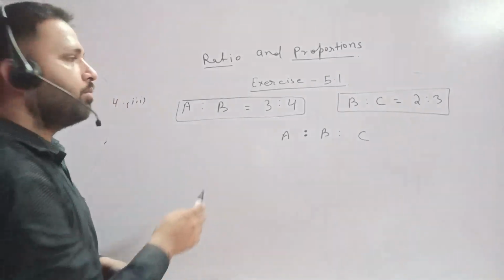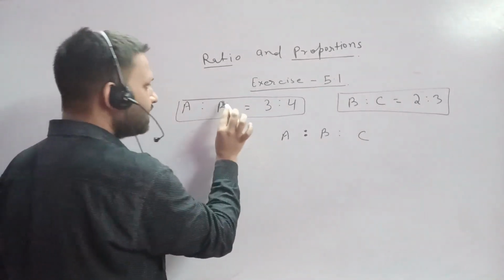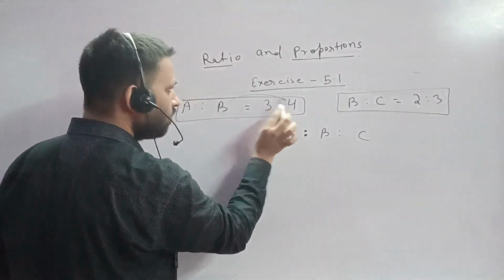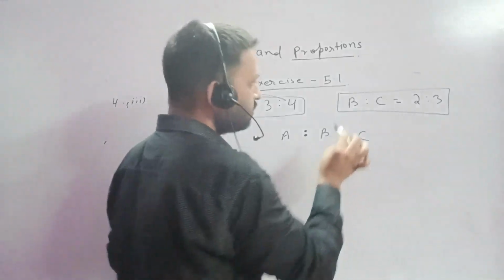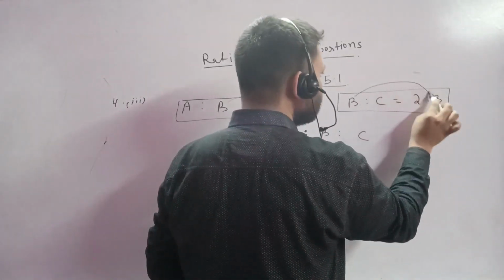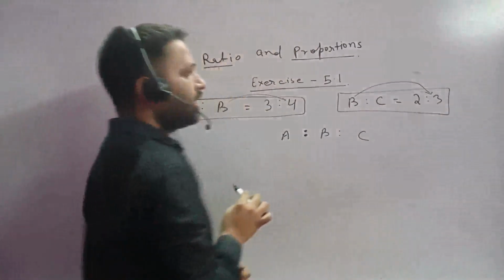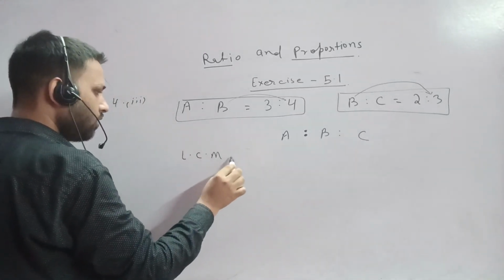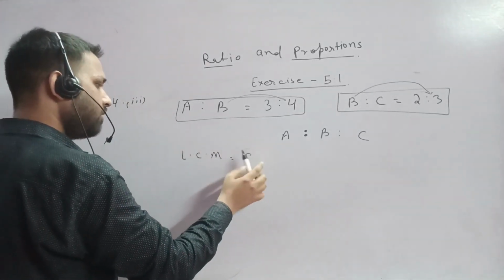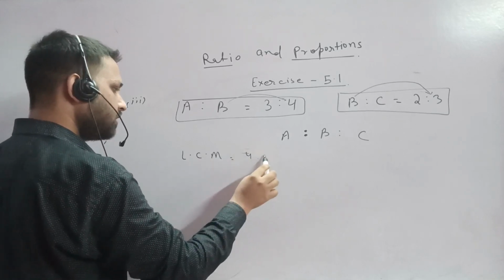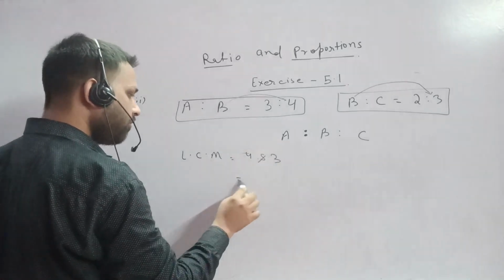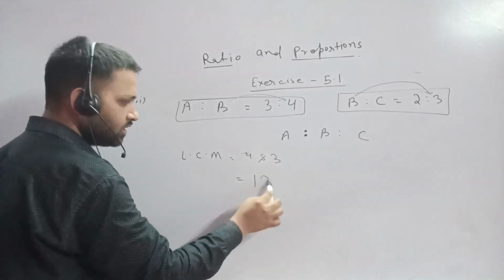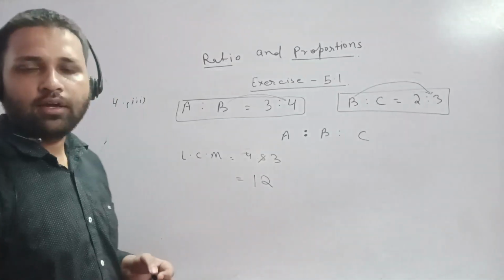What is the value of b in the first ratio? The value of b is 4, and in the second ratio the value of b is 3. Our main target is to take the LCM of b in both ratios. That means the LCM of 4 and 3, which we know is 12.